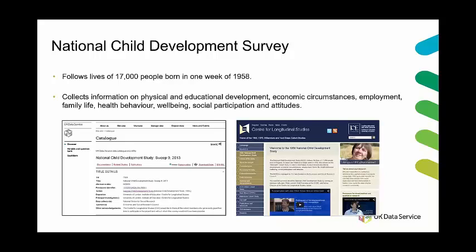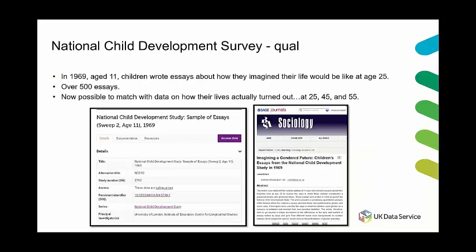So it's absolutely sweeping in terms of what's been covered here. So simply from the standpoint of quantitative data, this is very good. But what makes it even better is that there is a qualitative addition to this fantastic collection, which allows for very rich mixed methods to be done.